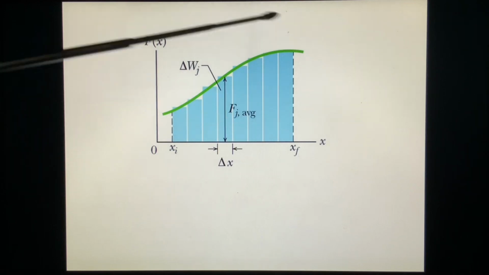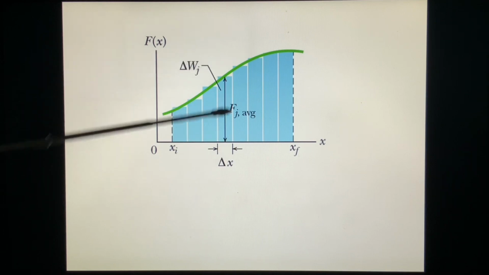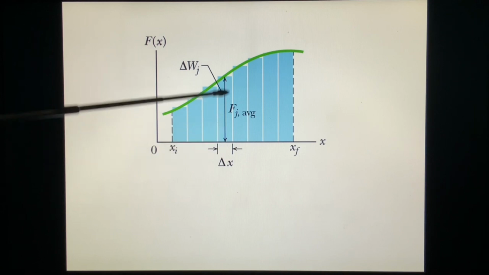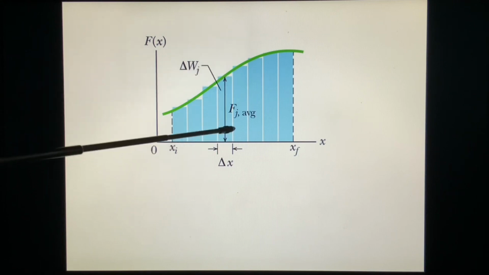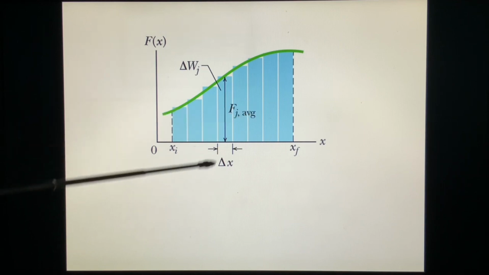We divide the area into many strips, each strip with width delta x, and the height is the average F in this strip. So this strip's area, delta W_j, equals F_j average times delta x.